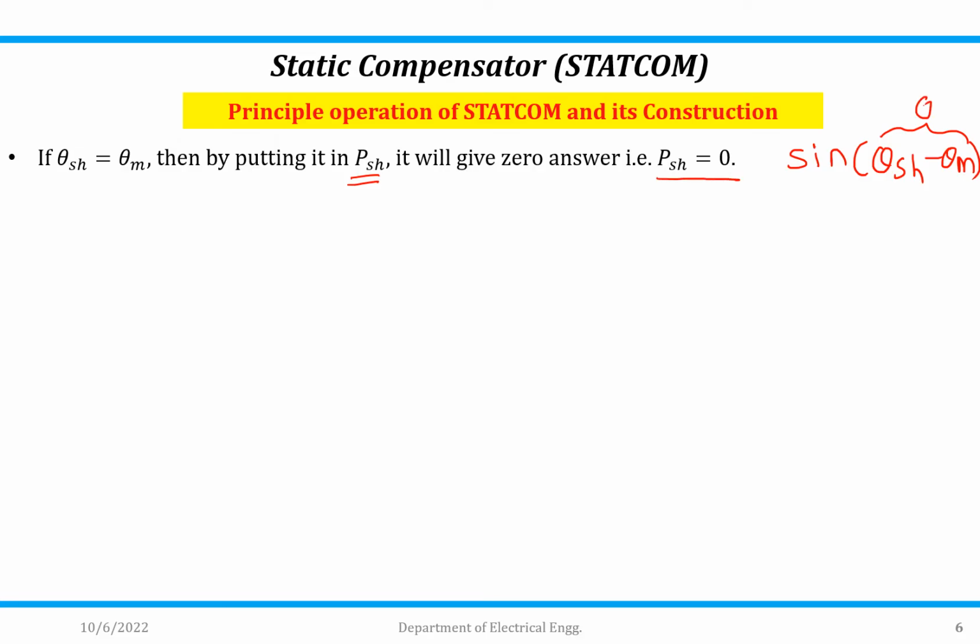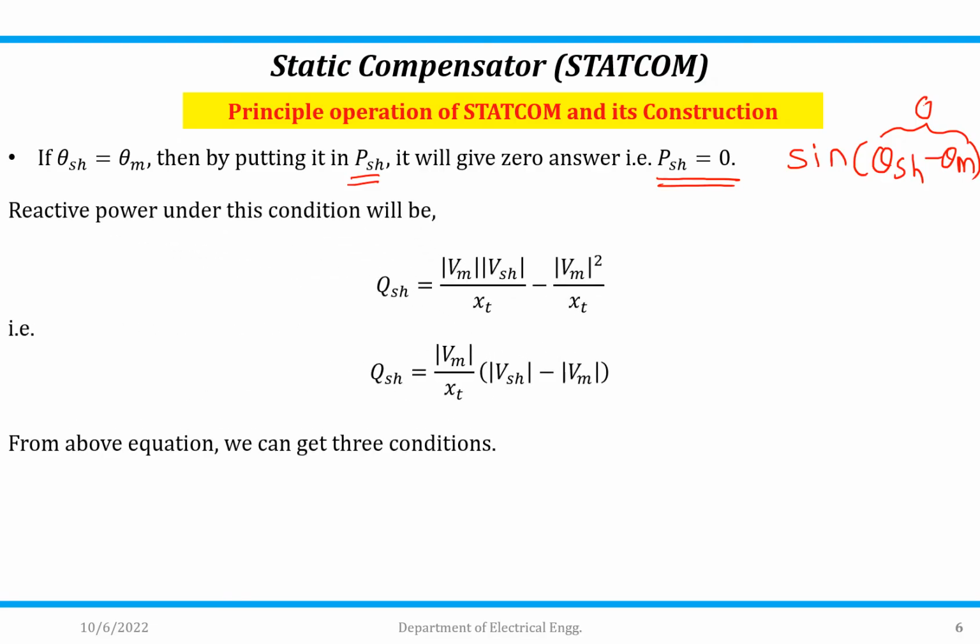Therefore the active power Psh will be equal to 0. And the reactive power under this condition can be represented as Qsh equal to Vm Vsh upon Xt. After that there was a term cos of theta sh minus theta m, but as theta sh equals theta m, cos of 0 will be equal to 1.